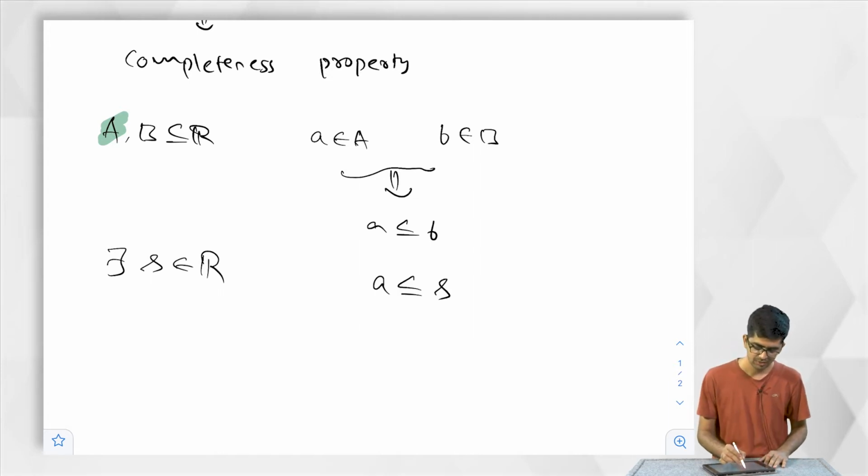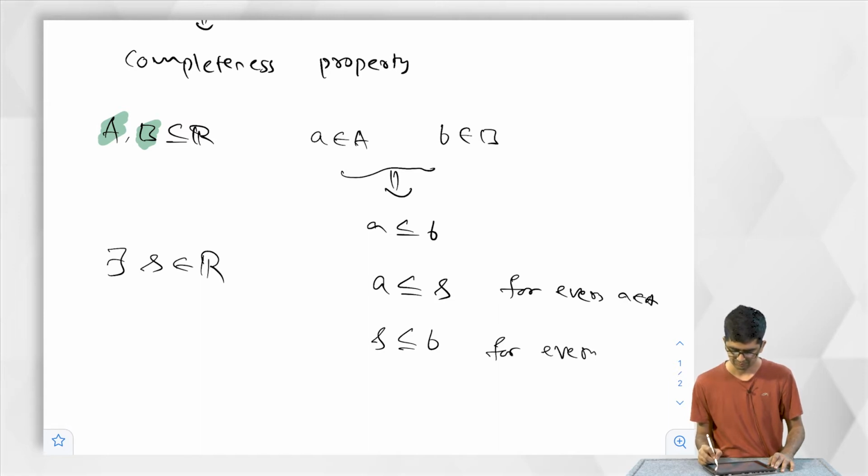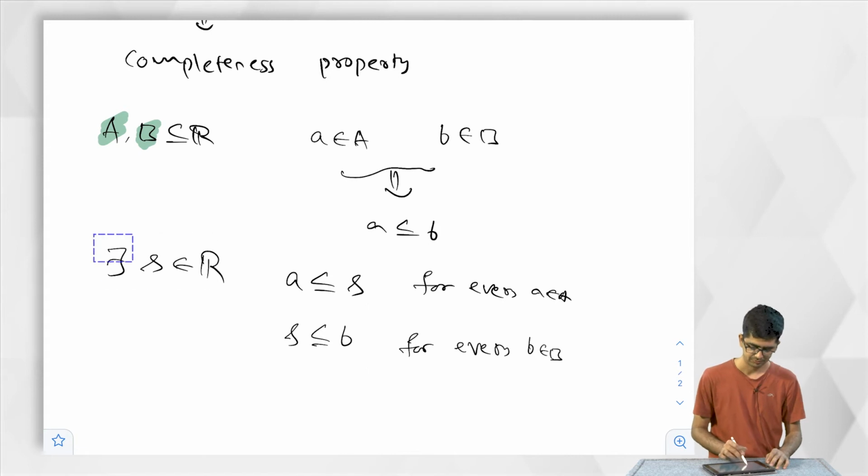At the same time, every element of B is greater than or equal to s. This is for every a belongs to A, and this is for every b belongs to B. So, this is the completeness property of the order.